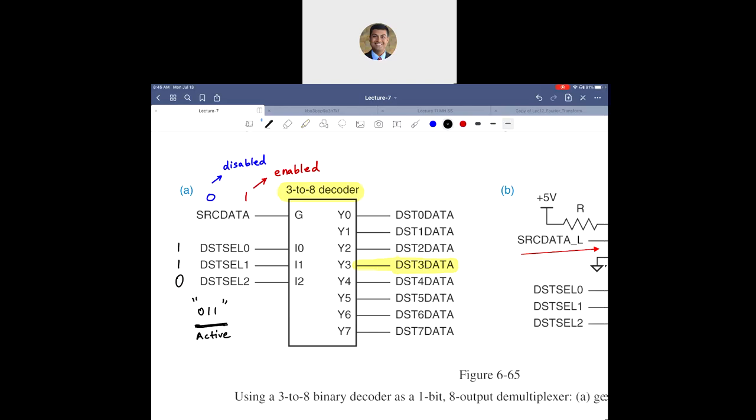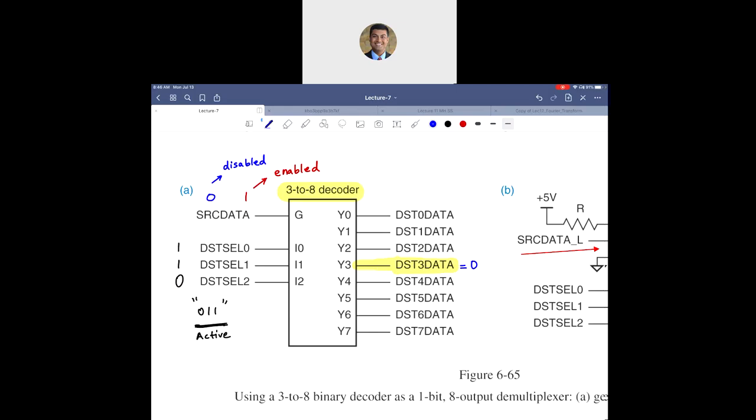So in the case of disabled, what would this be when it is disabled? When it is disabled, it is going to be 0. Right, inactive.